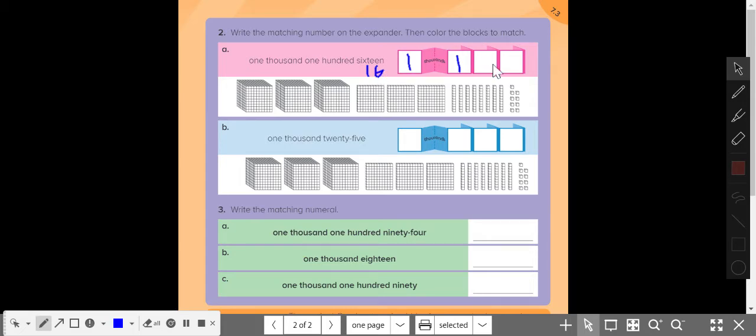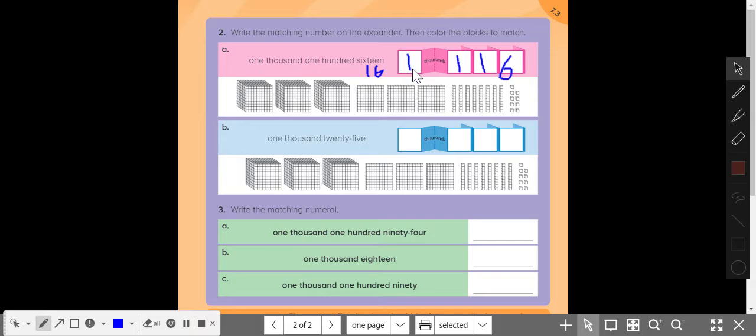And I also know that each of these white boxes can only have one digit, so I have to put 1 in one box and 1 in the other. There we go. Now it says then color the blocks to match. So now I have to color my blocks.